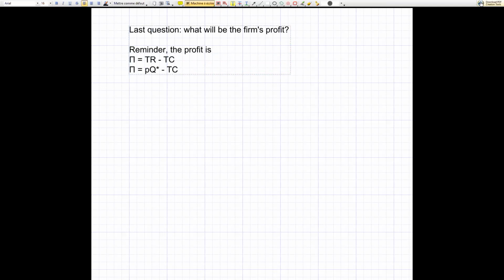And what we had done previously is split the total cost into variable cost and fixed cost. But now the question is, what's the firm's profit? Well, fixed cost is part of it.